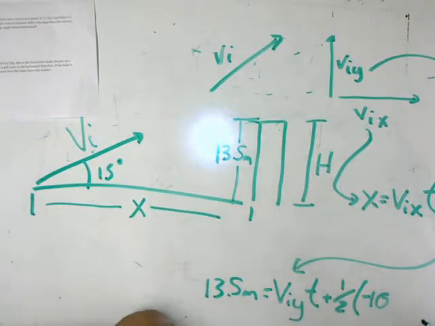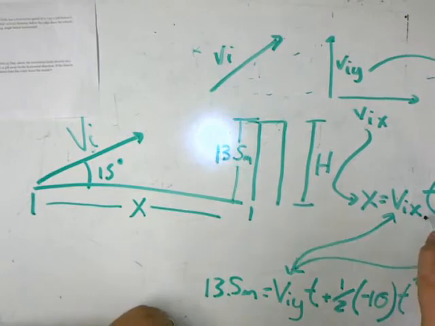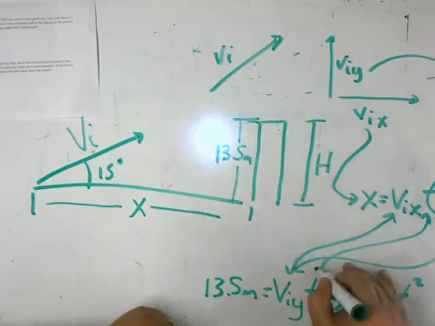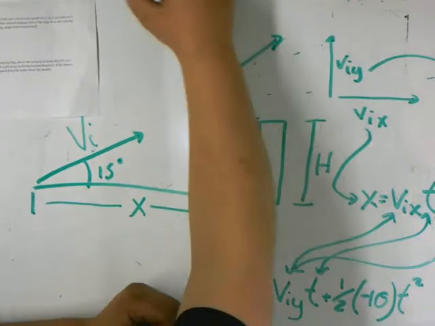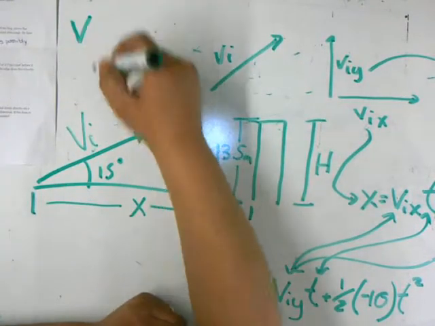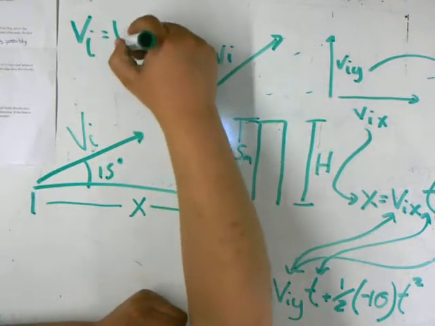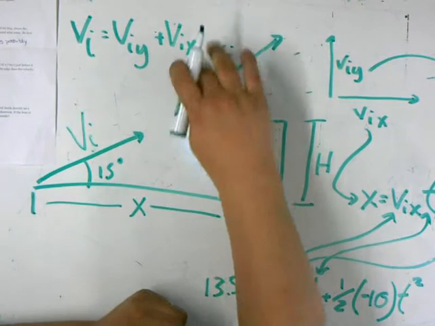Cool? So that's what I'm dealing with right now. Now I need to say there is a relationship between this one and this one. There is a relationship between time and time. All of those have relationships with each other. V initial is related to V initial in the Y and V initial in the X, which gives me the relationship between the X, the Y, and the initial velocity.